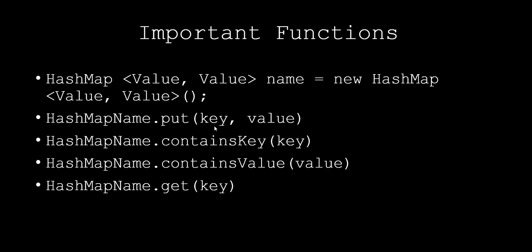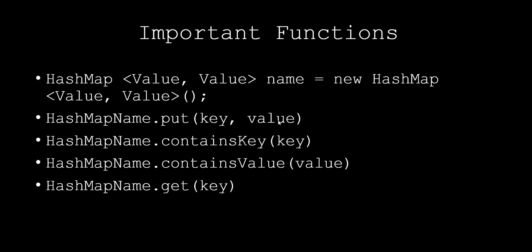Some important functions: the declaration. HashMap, this is the data type of the key, and this is the data type of the value. Then you put the name of the hash map, and then new HashMap, with the same key and value types, parentheses, semicolon. You can also put a value in the hash map.